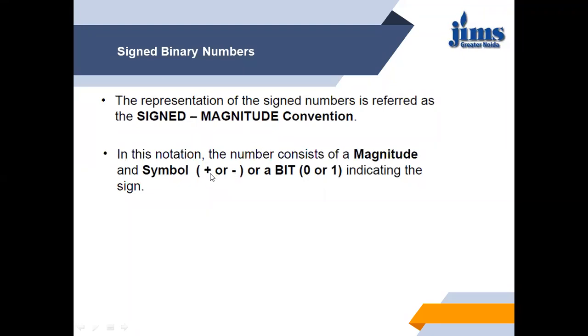This plus and minus can be represented with the help of paper and pen for representing the sign. When we are going to manipulate the data in the computer, then we have to represent it with a bit. So for the positive, we'll write 0, and for the negative number, we will write 1 in the most significant bit, or we can say the leftmost bit of the string.